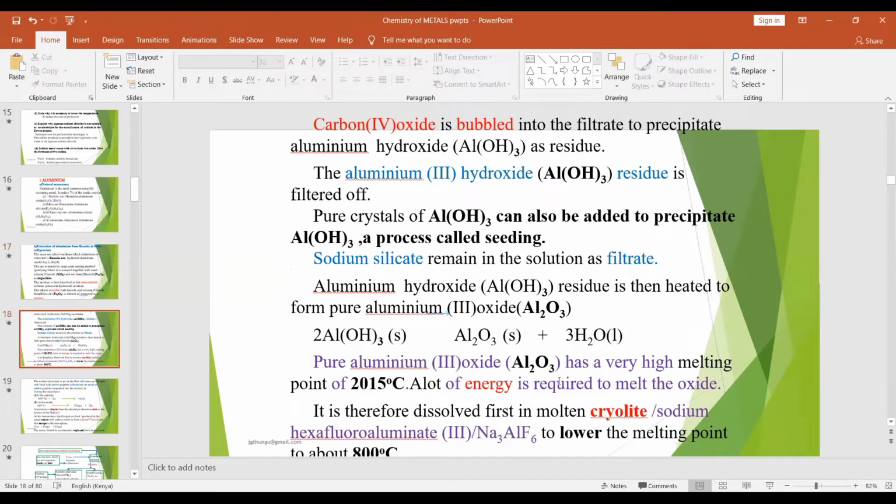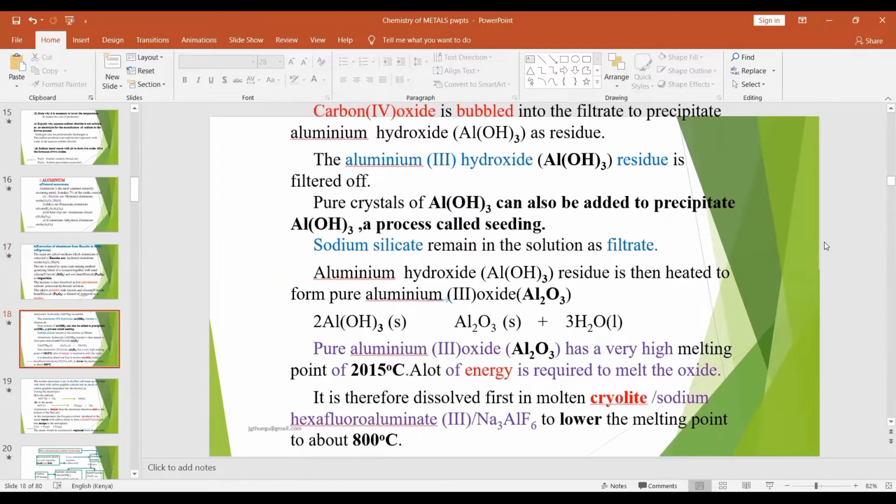Then the melting point of aluminium oxide, we can see it is around 15 degrees centigrade, and a lot of energy is going to be required to melt it. We add molten cryolite. Molten cryolite acts as an impurity. It lowers the melting point of aluminium oxide to about 800 degrees centigrade.